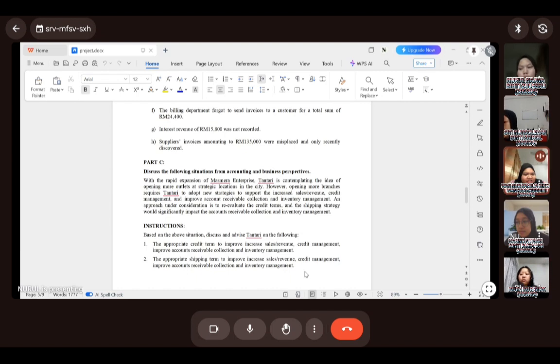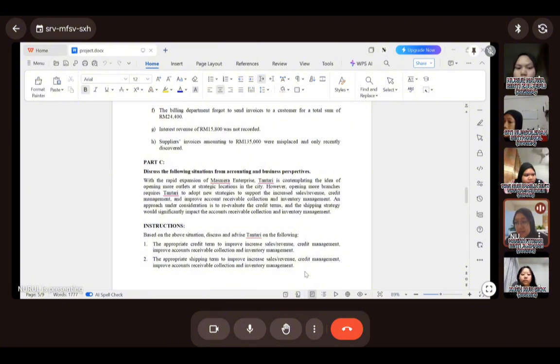I think offering net 30 or net 45 days could be beneficial. This gives customers enough time to pay while also ensuring that Tantari has a steady cash flow. That sounds reasonable. It might also be helpful to implement stricter credit checks for new customers to mitigate risk while expanding her customer base.